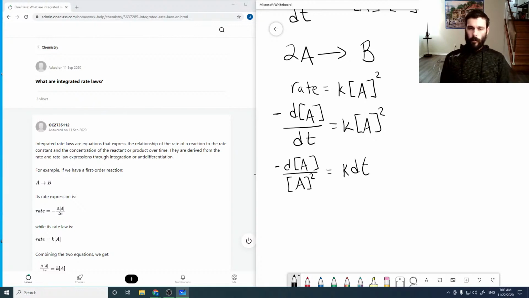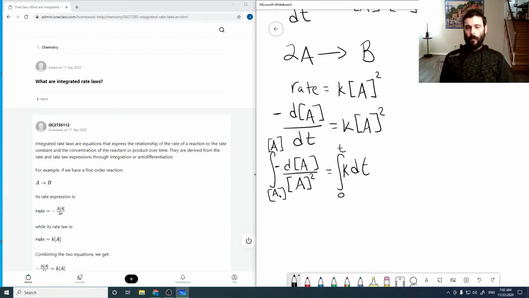So now we can integrate this, right? So we're going to integrate this guy over time, and we're going to integrate this guy over A, going from some initial A concentration to some final A concentration. And I guess I'll leave these things in here.